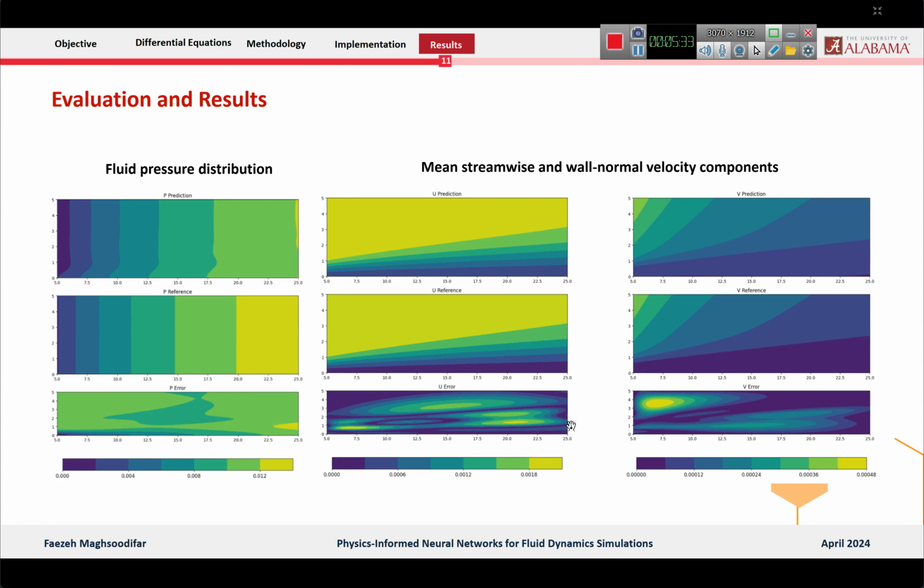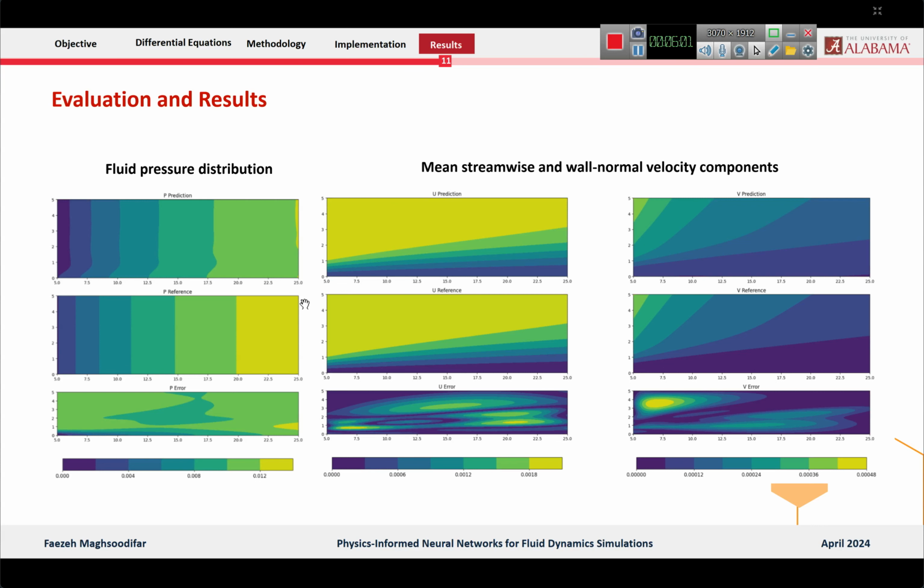Also, the output of this study contains three types of contours. First of them is about the pressure distribution, and the next two are about velocity components.